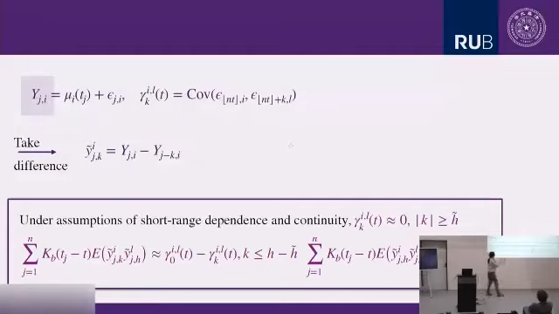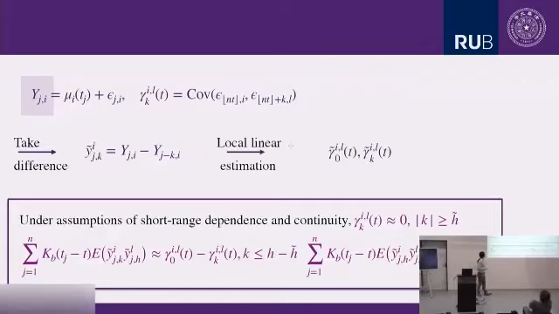Under some short-range dependence, if you look at the product of these two differences, the expectation is a linear combination of two correlation functions. And if you take a lag that is large enough, then you will get the variance function. That's the motivation for how to derive the correlation estimates from the original time series.